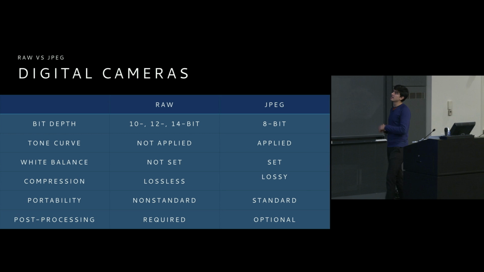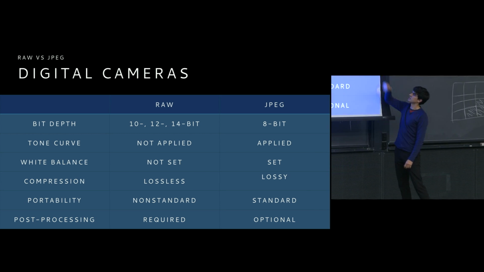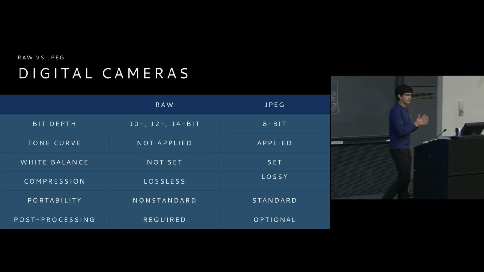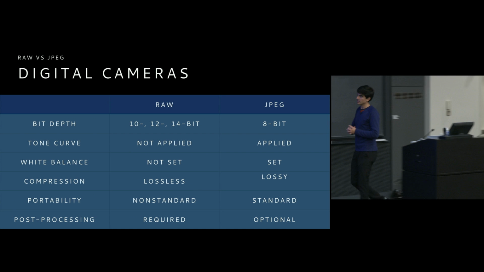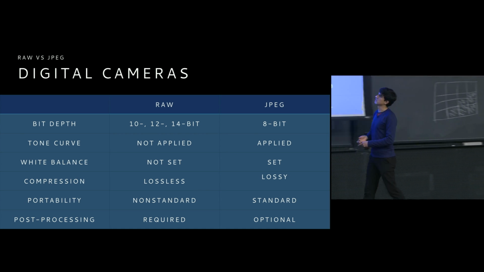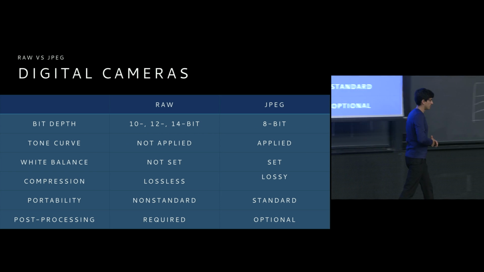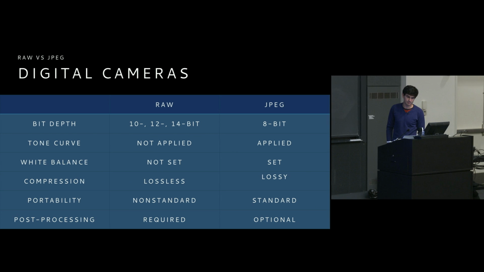White balance is not quite set, and we'll talk more about what precisely white balance is, but it is set in JPEG. Compression tends to be lossless in the raw image and is lossy in the JPEG image. I say tends to be because there's just a couple of examples of lossy raw files trying to make the raw images in fact smaller, but the vast majority of cameras in fact use a lossless compression.